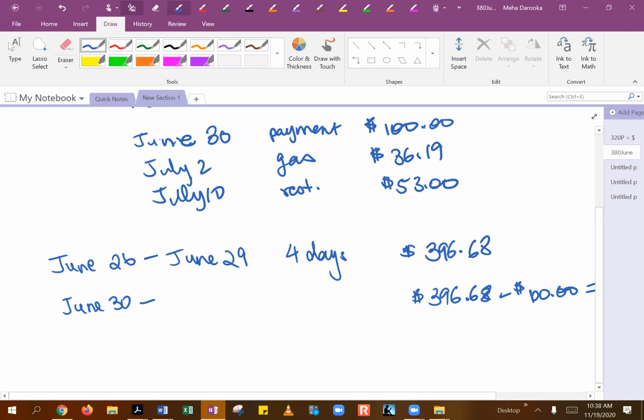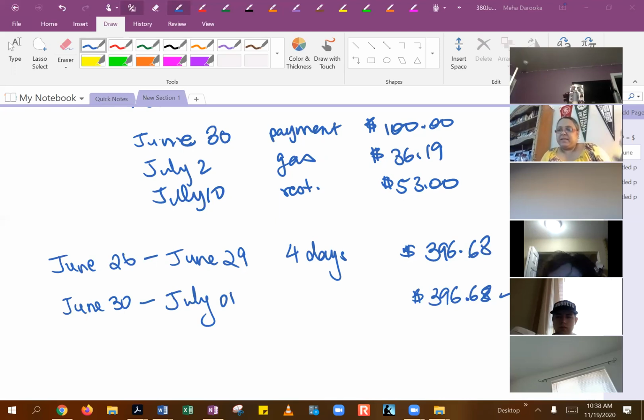Now, your next activity on your card happens on July 2nd, which means here you would be going to July 1st. So June 30th is when we made the payment of $100, and July 2nd is when we bought gas. So what do you think that time period is from June 30th to July 1st? And again, you have to think about how many days does June have? Is it 31 days? Is it 30 days?